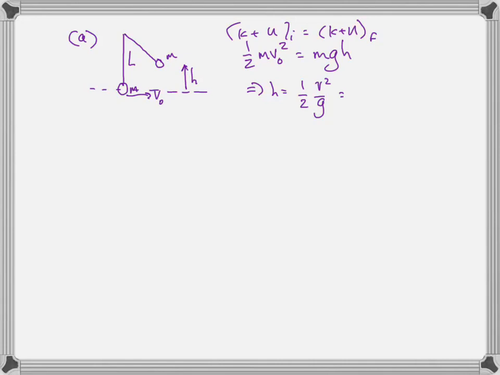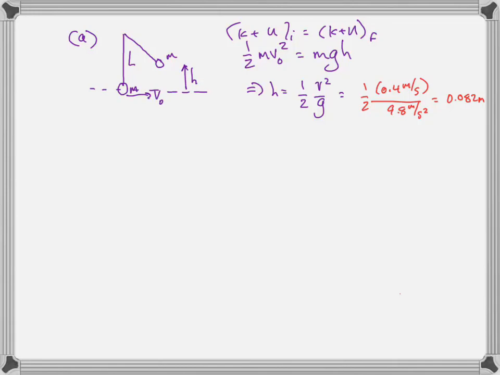So we can conserve energy. K plus U initial equals K plus U final, where the initial energy is 1/2 mv squared, and the final energy is mgh, because the initial potential is 0 and the final kinetic is 0. Solve for h, and we get 1/2 v squared over g, so we simply get 1/2 times 0.4 meters per second, squared, over 9.8 meters per second squared, and we get 0.082 meters, 8.2 centimeters.